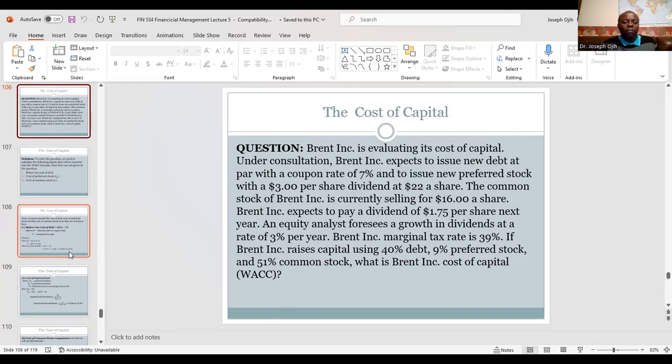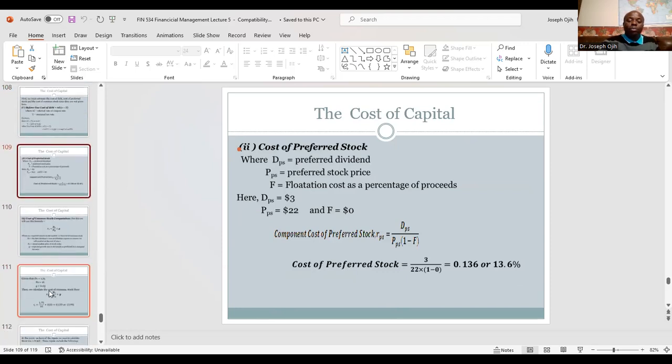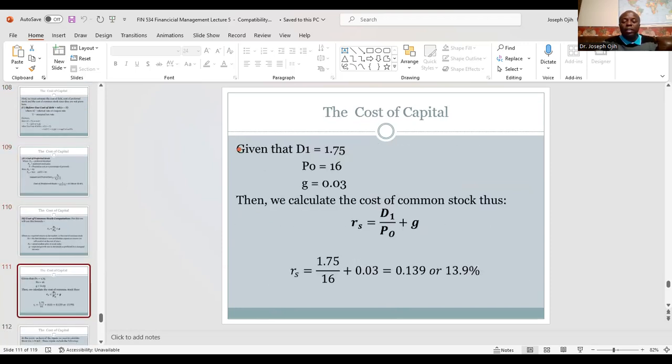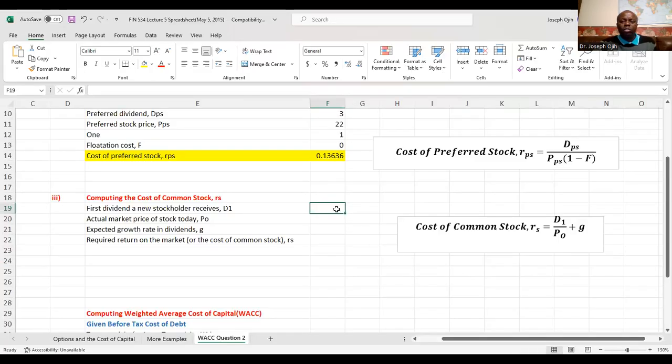So let's start with our input here. We're going to put that D1 is $1.75. D1 is the first dividend a new stockholder expects, which is $1.75. And then the actual market price of the stock is $16. And then the expected growth rate in dividends.